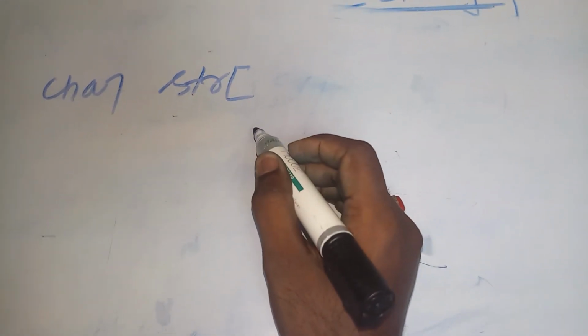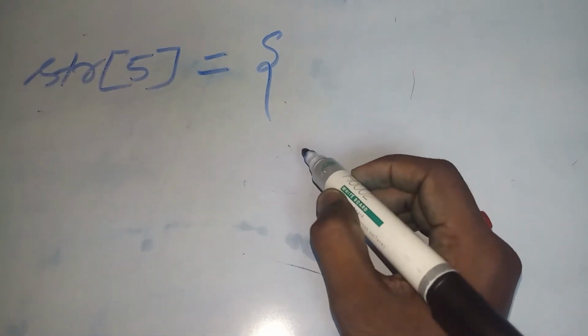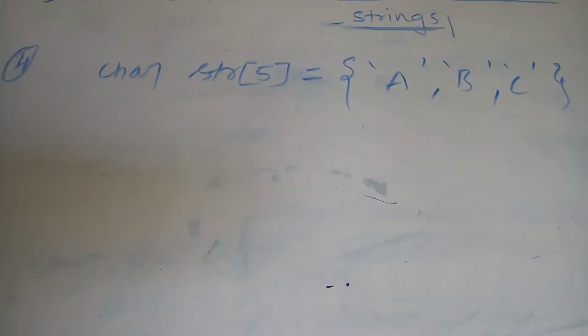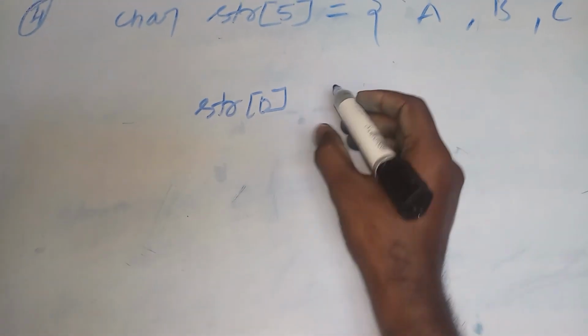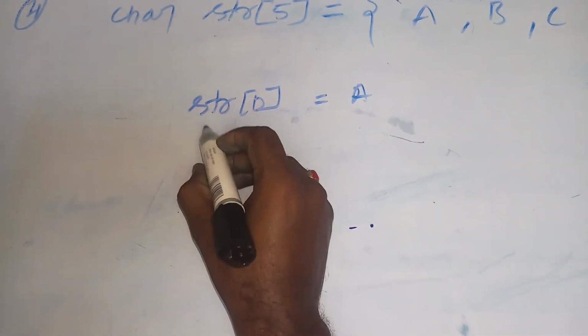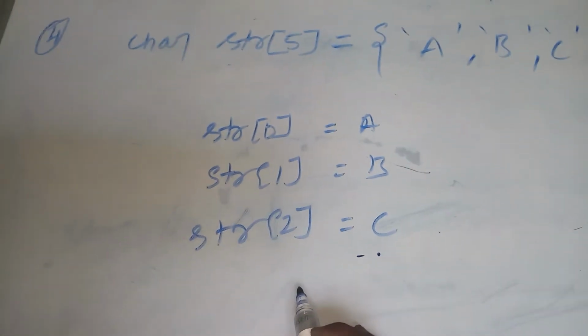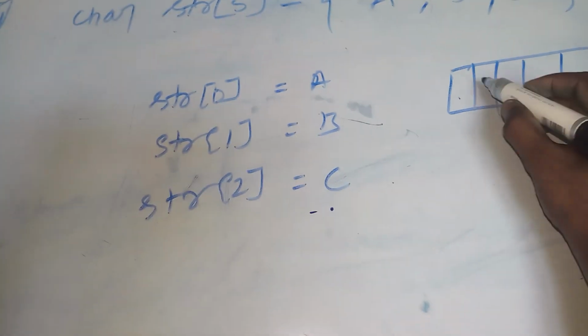Next one, the fourth one. I have given char str of 5, that means my size is 5, is equal to, within curly brackets, I am initializing A, B, C. Now how is it treated? str of 0 is A, str of 1 is B, str of 2 is C. Now how many locations do I have? 5: 0, 1, 2, 3, 4.